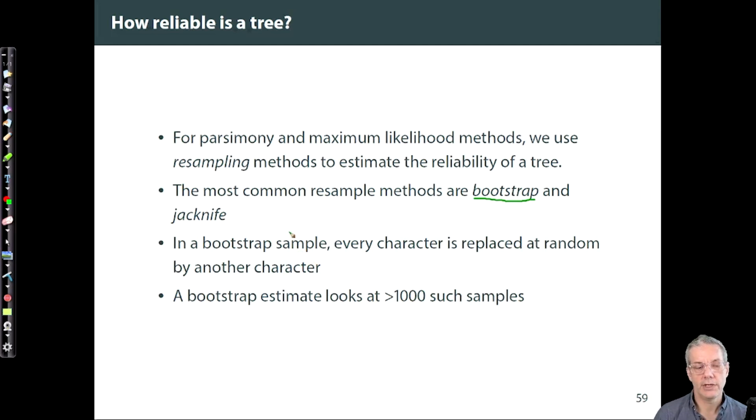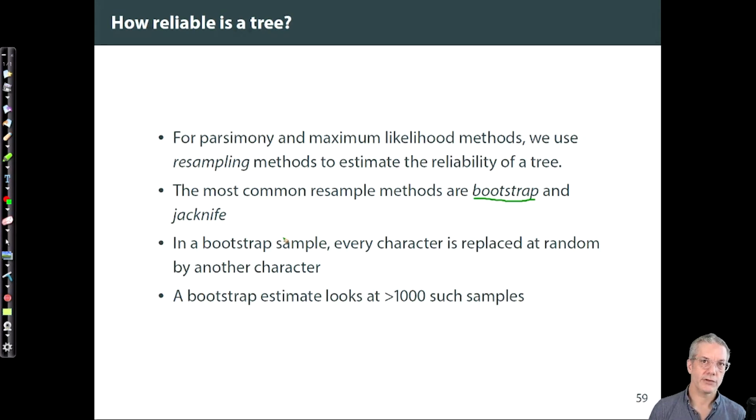What we do is we have our data, and we create an artificial data set that's the exact same size as our original data. We do it by drawing at random a character out of our original data set. That's what I mean by saying that a bootstrap is a little bit like a lucky draw.